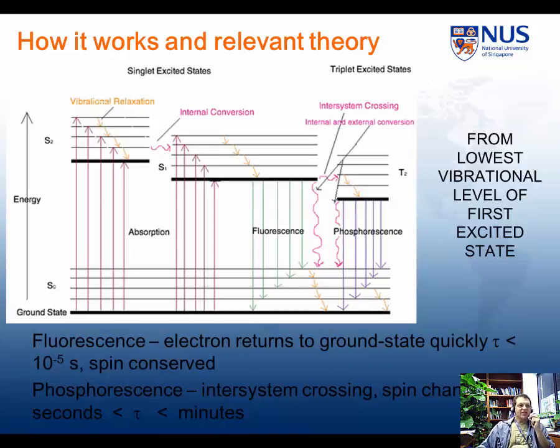Okay, so here it is diagrammatically, and let's make sure we're happy with this. So we have at the bottom of the diagram the ground state, ground electronic state, with its associated vibrational states. So we add the photon, which is absorbed, and then the electron is promoted to one of the vibrational levels of the first excited state.